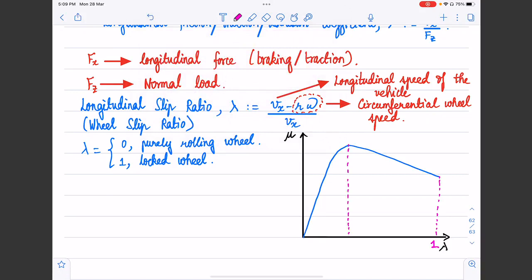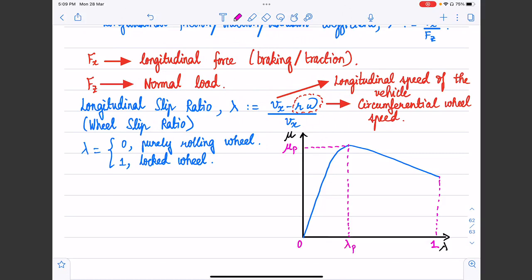And this value of mu, which is the maximum value, is what is called the peak value of mu, denoted by mu p. And let's say we indicate that the value of lambda at which the peak value happens is denoted by lambda p.